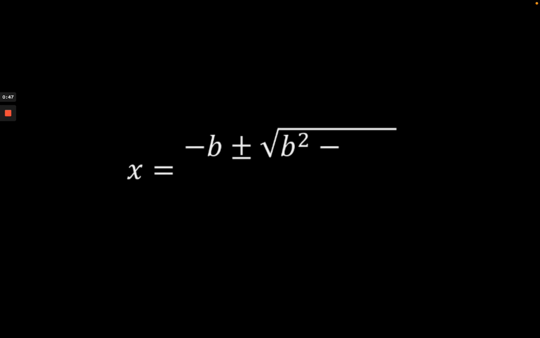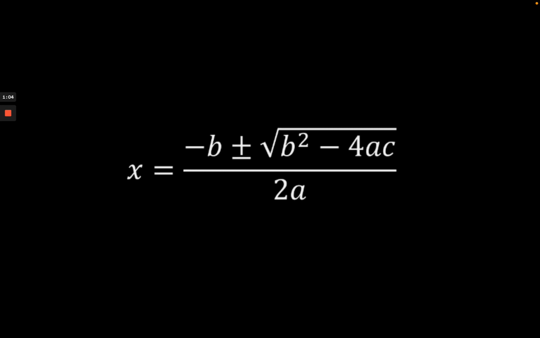Here we go. Feel free to sing, join in. X is equal to negative b plus or minus the square root of b squared minus 4ac all over 2a.